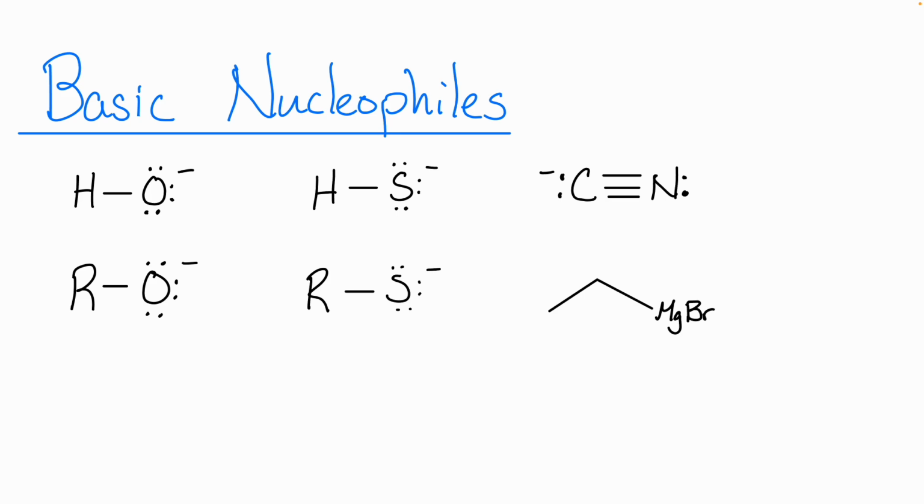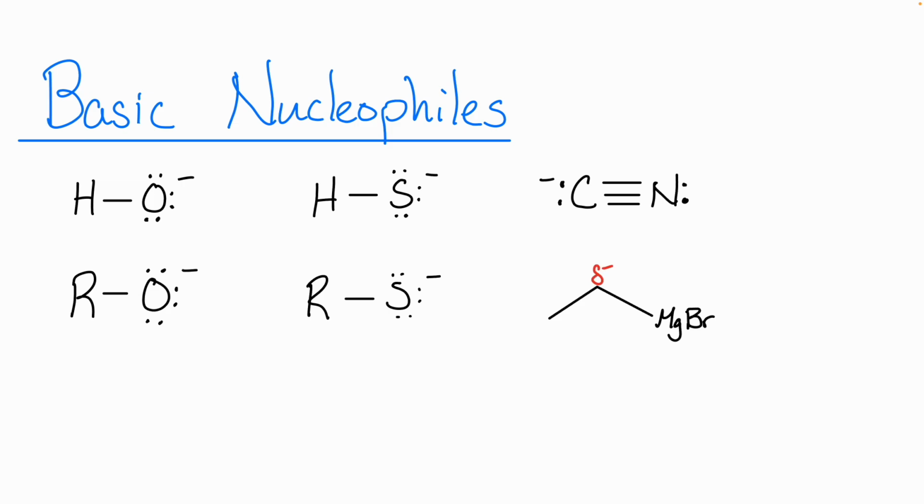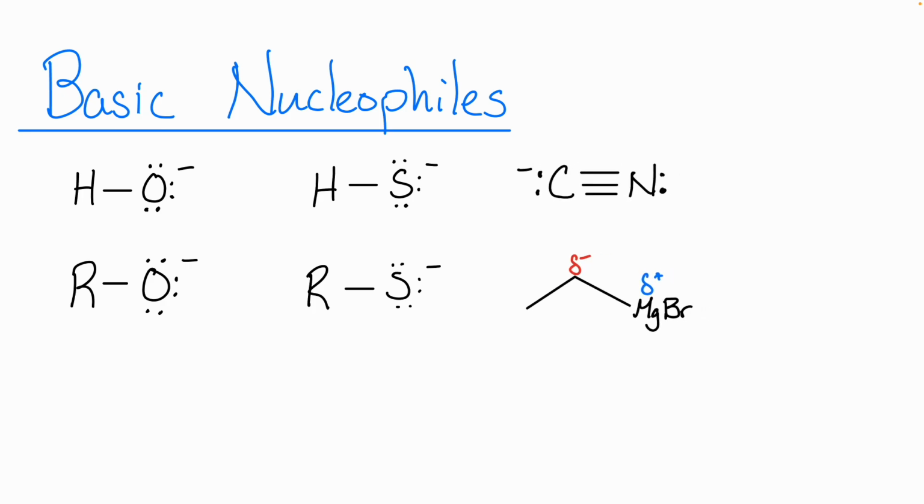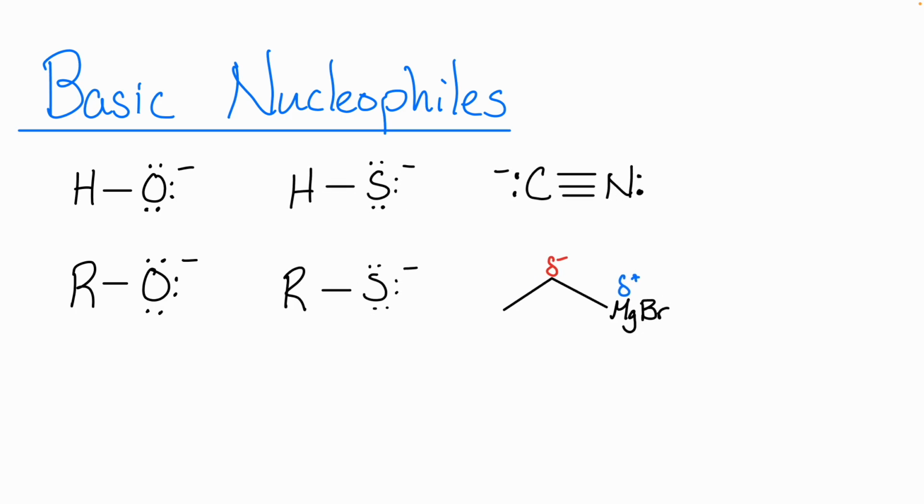Remember, in your Grignard, your carbon has a bunch of negative charge because it's able to steal that electron density away from that metal. The other category that we're going to put here is our hydrides, our lithium aluminum hydride and the sodium borohydride. These would be hydrogen nucleophiles.